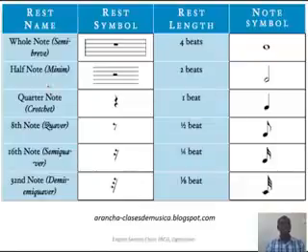The same is applicable for half notes. As you can see, the half rest is sitting on the line. This half note has the beat value of 2, and this is the symbol for the note.